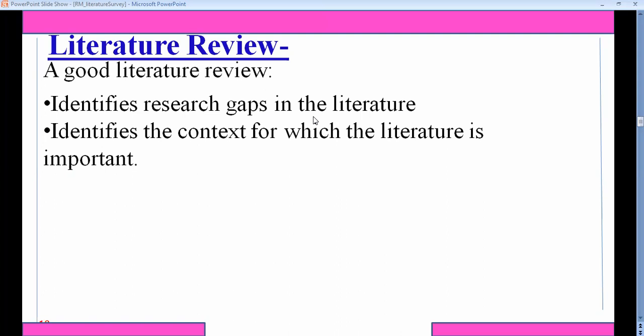So the literature survey, I will say, is the heart of your research. You can say it is the initial point, and it is very important. From this, you need to search for some research gap in the literature. Then we would also say how this particular literature that you are mentioning in the thesis is relevant, in what context it is relevant to your thesis.